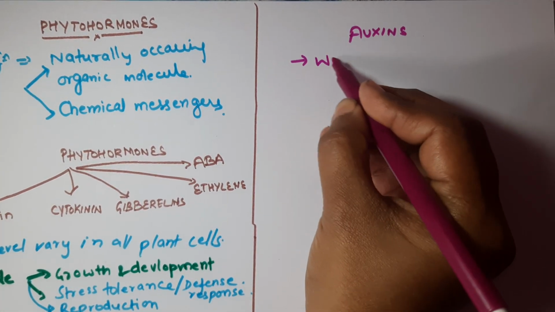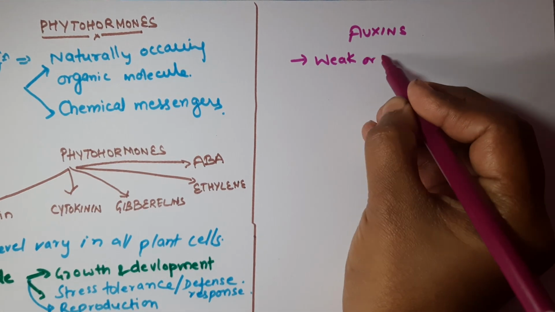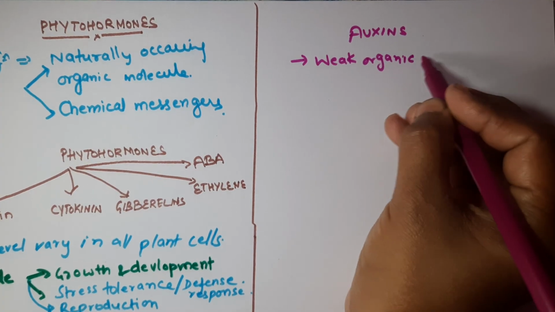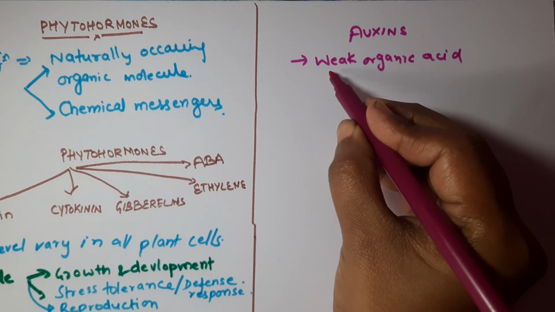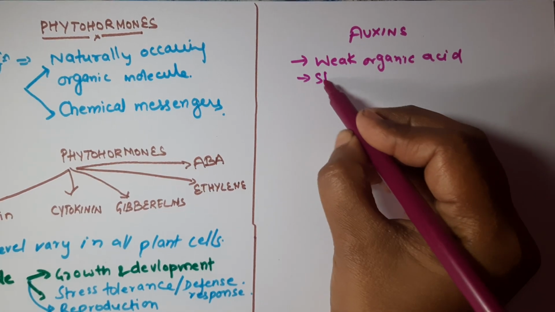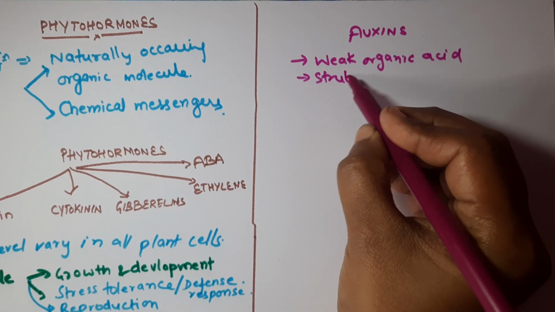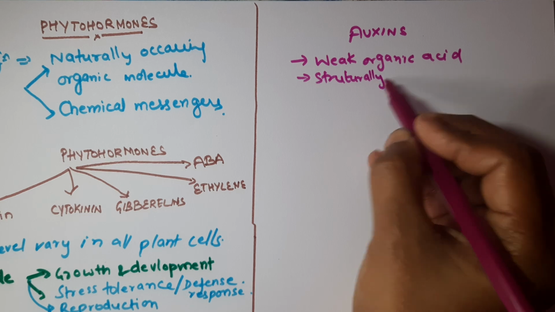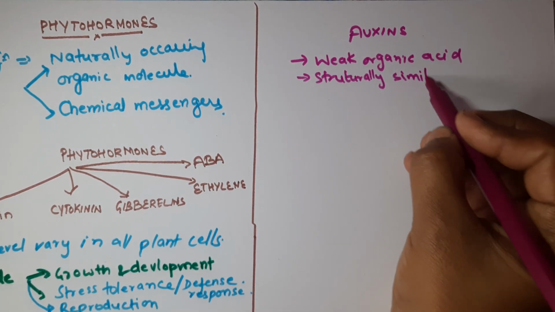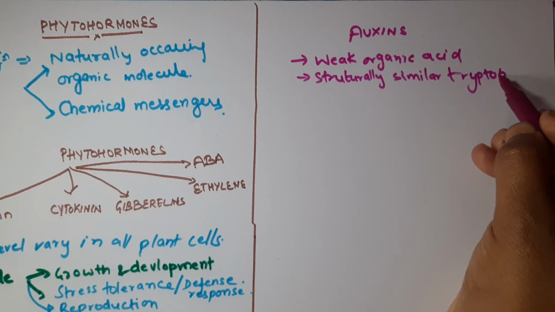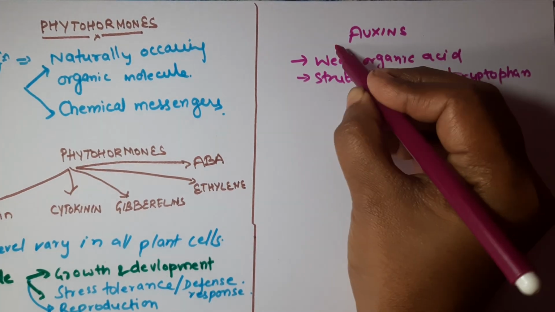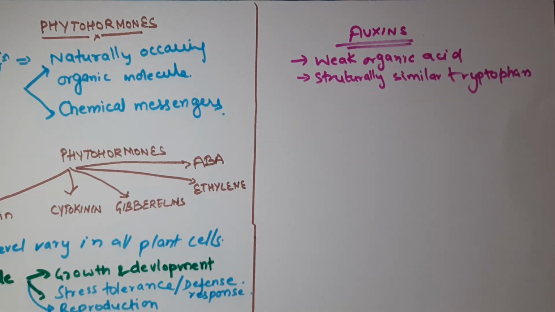It is a weak organic acid that is structurally similar to tryptophan. Okay, so we all know that tryptophan is an amino acid. So auxin is a weak organic acid that has structural similarity to tryptophan.